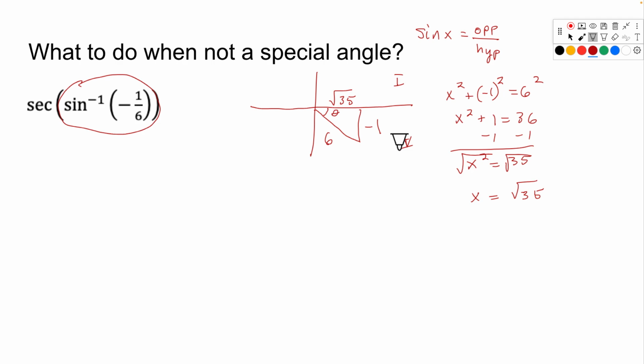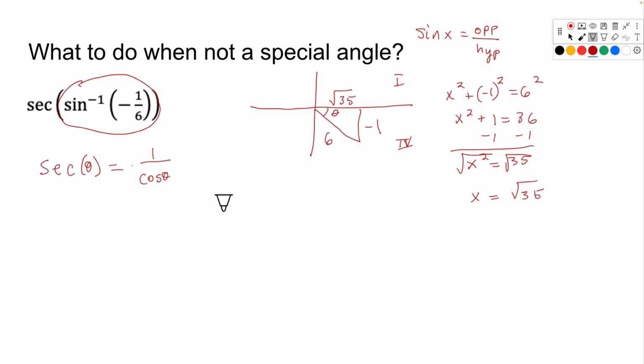So now that I've got my triangle, I don't need the angle, but I could say that the secant of whatever that angle is, what is secant? Secant is 1 over cosine. That's how I remember it. What is cosine?